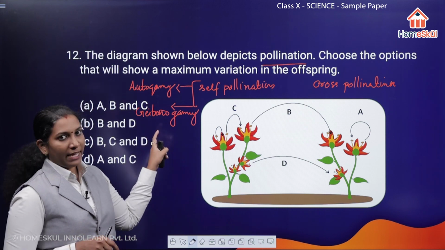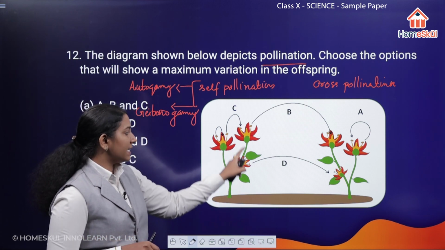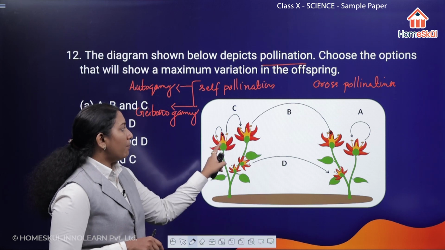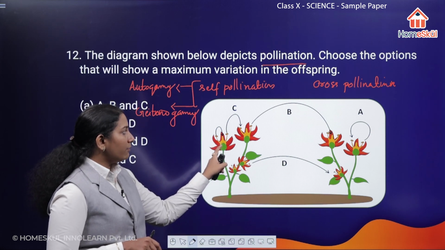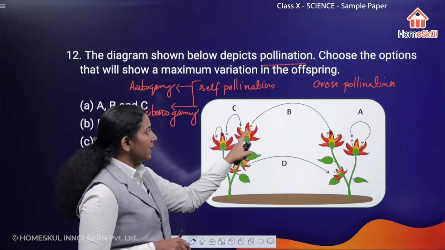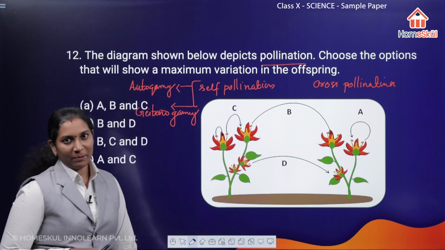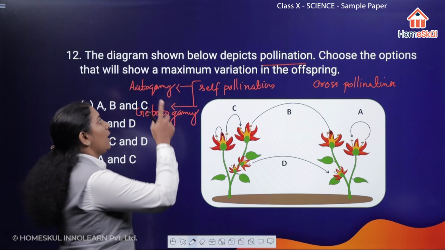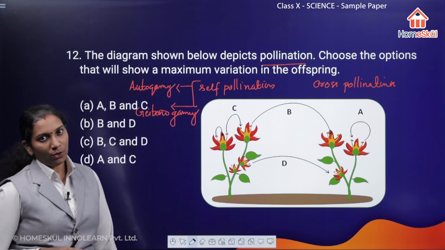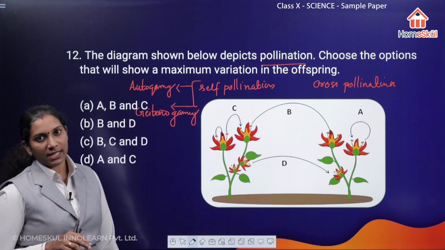But in geitonogamy, a single plant is involved. The pollen grains of one flower are deposited on the stigma of another flower of the same plant. So that is the difference between autogamy and geitonogamy. Both are self-pollinations, right?